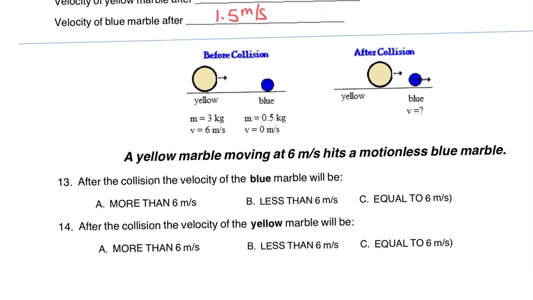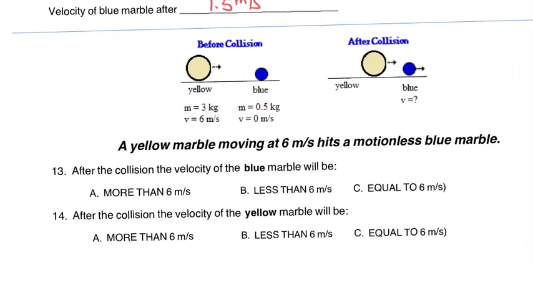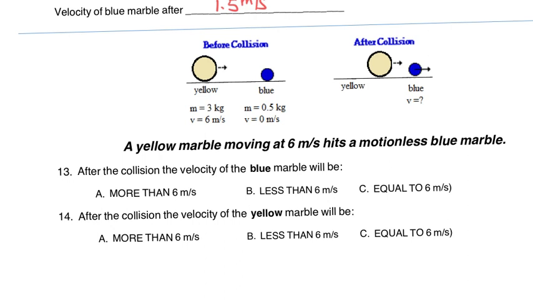All right. This one says, after the collision, the velocity of the blue marble is going to be what? So we've got two masses that are different. This one is much larger than this one here.